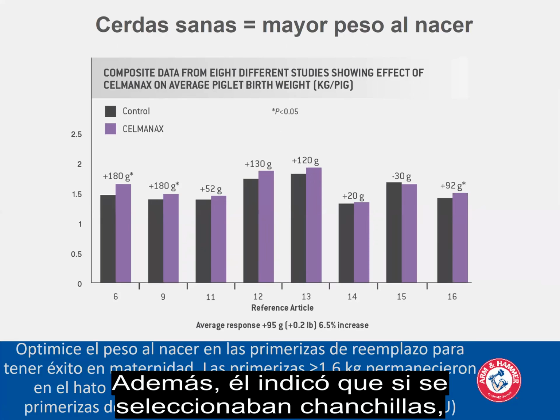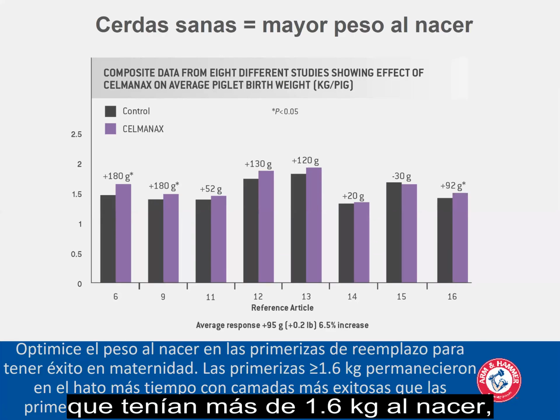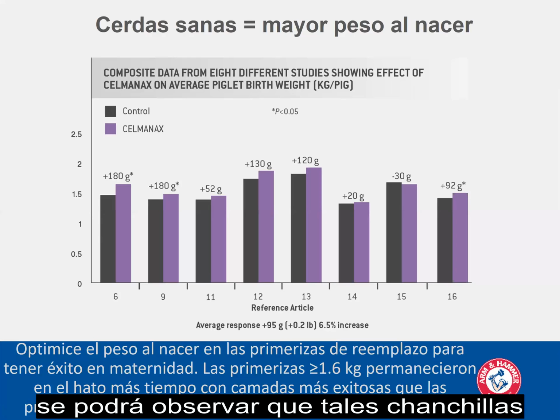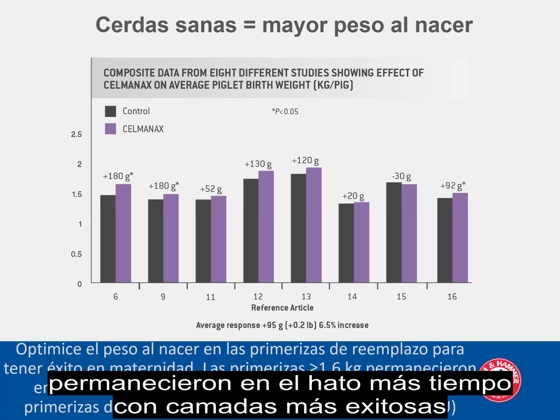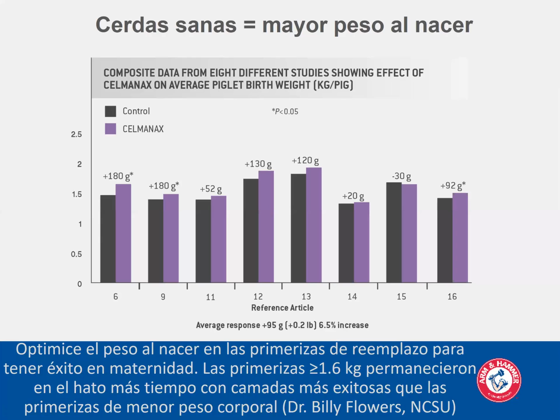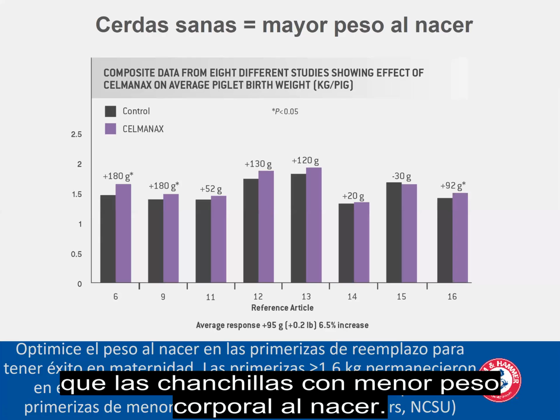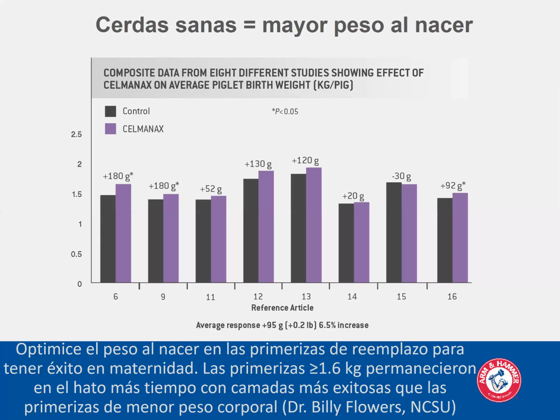And what he indicated was that if you were selecting gilts that were greater than 1.6 kilograms at birth, these gilts that were selected with the higher birth weights stayed in the herd longer and had more successful litters than their contemporaries with lower birth weight gilts.